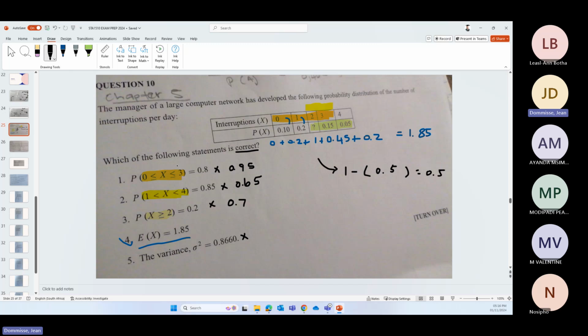So it's much easier to work out options 1 to 4 than to work out the variance. I will nearly always work out everything except the variance, because it is going to take you some time in the exam, and that is time that you could have spent on another question. So please keep that in mind with your exam and the limited time that you have.